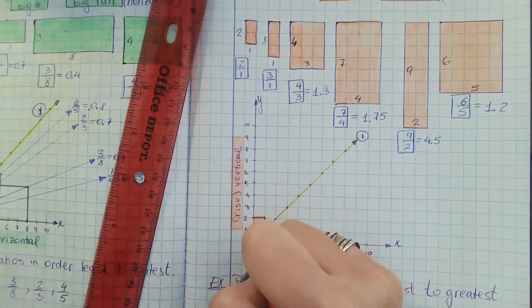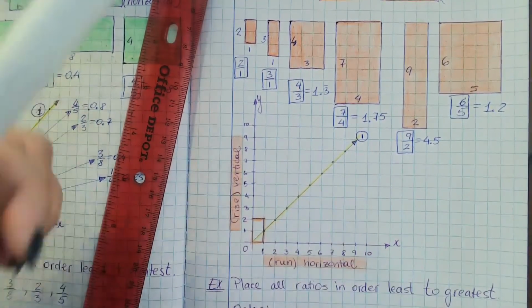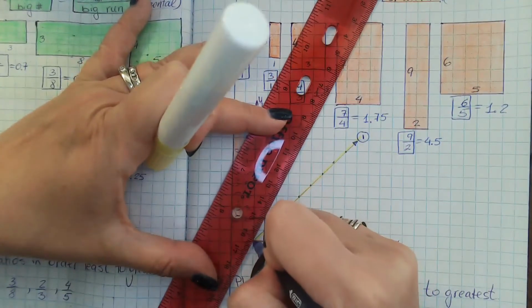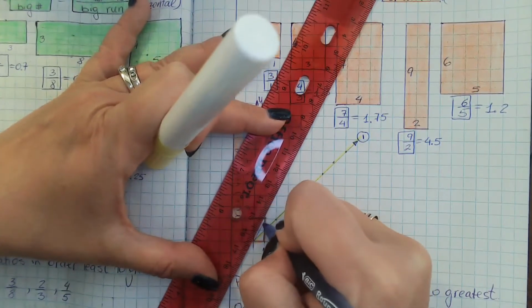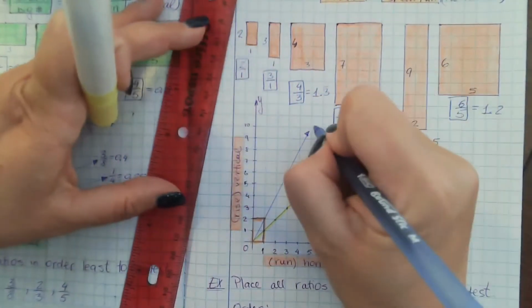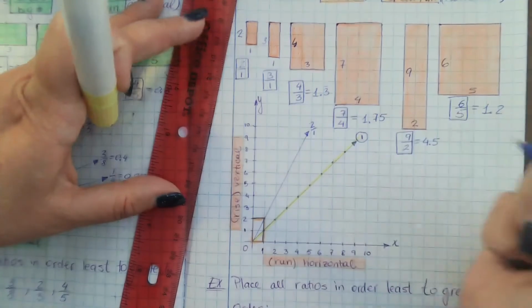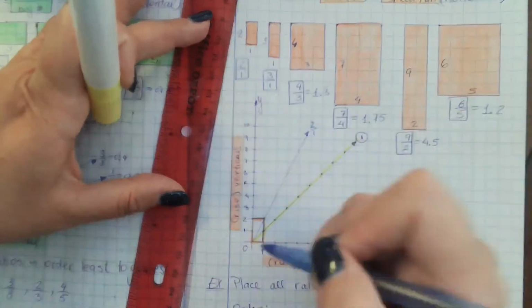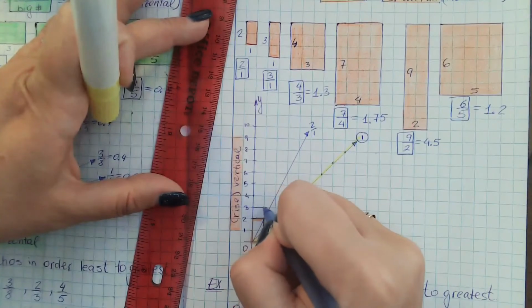Right away, connect the diagonal from the origin, go through and keep going and label it 2 over 1, or just 2, because 2 divided by 1 is 2.